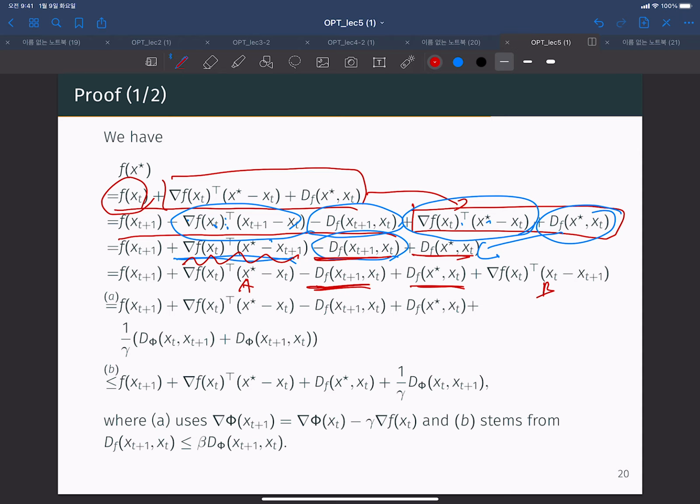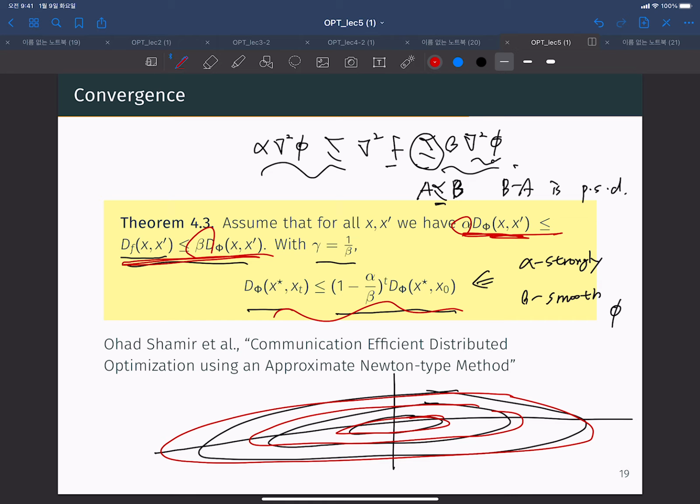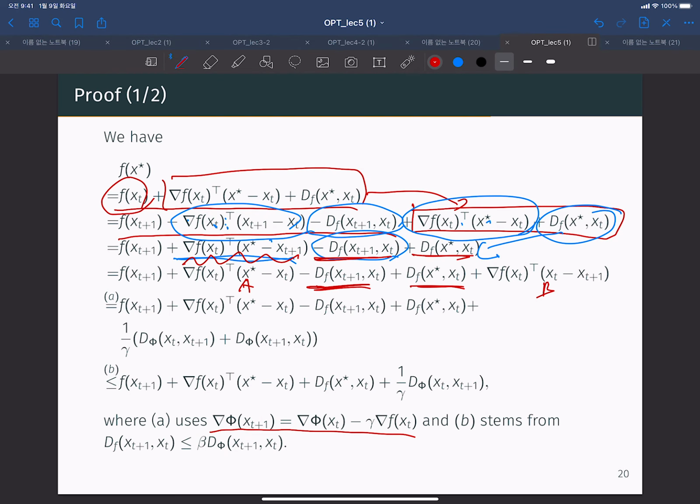And for the next equation, I use this definition. Note that for this proof, I do not consider the constraint set. So this theorem is valid for the unconstrained case. When there is no constraint, then we have theorem 4.3.